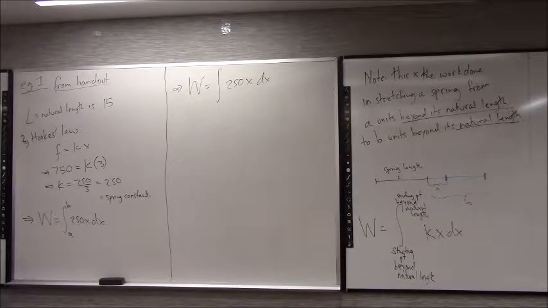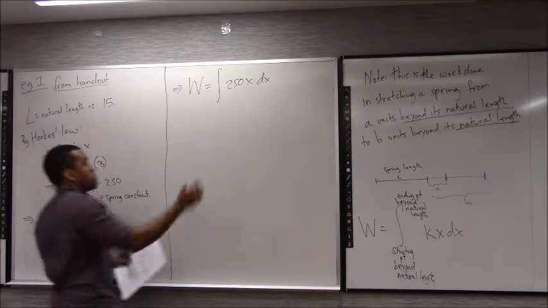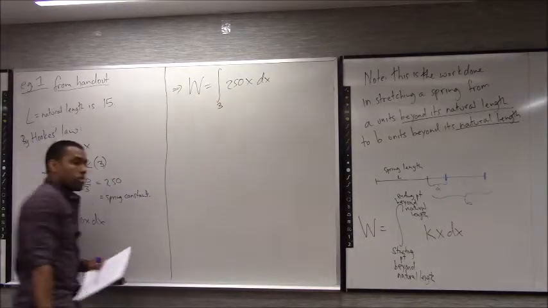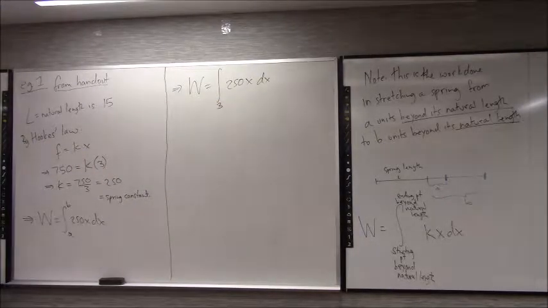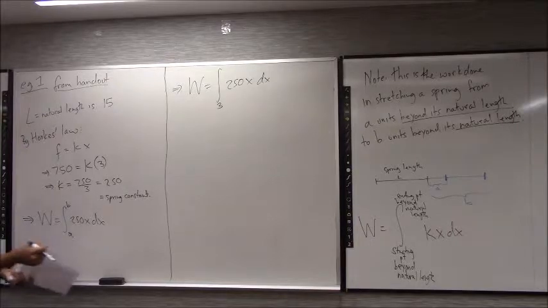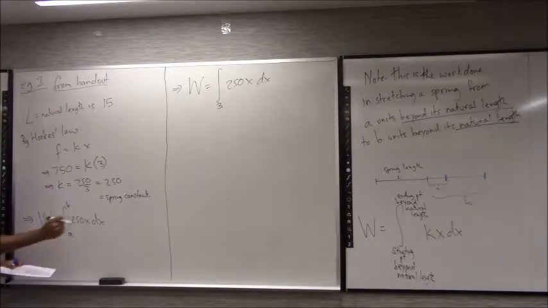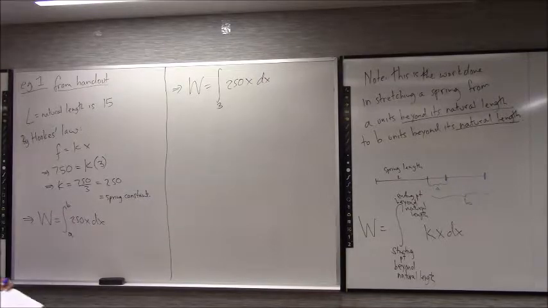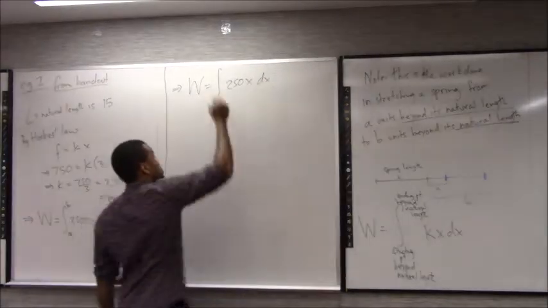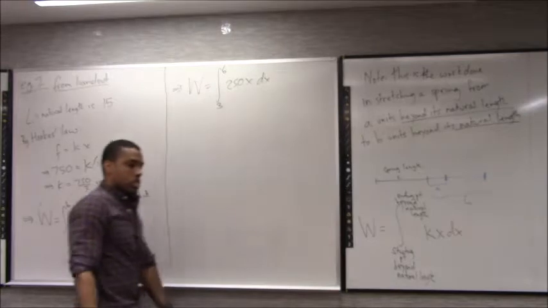How far beyond its natural length are we starting? 3. So it's important that you're not starting from the spring not being stretched. It's already compressed by 3 units beyond its natural length, and we want to compress it further by 3 more units. So what's the last limit? 6. So that would be your integral.